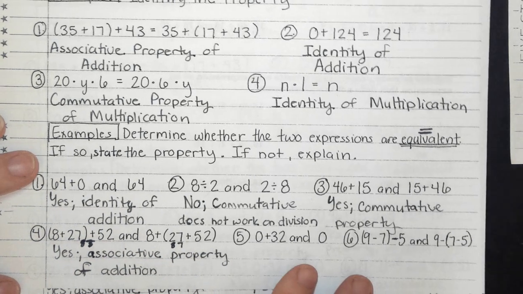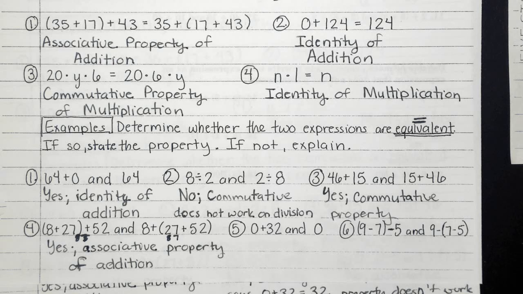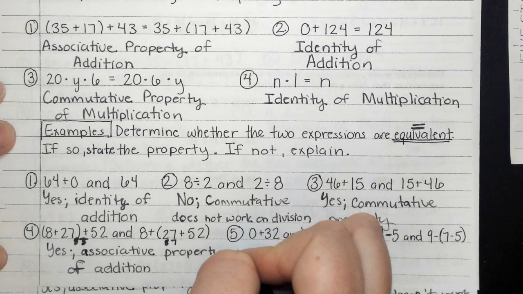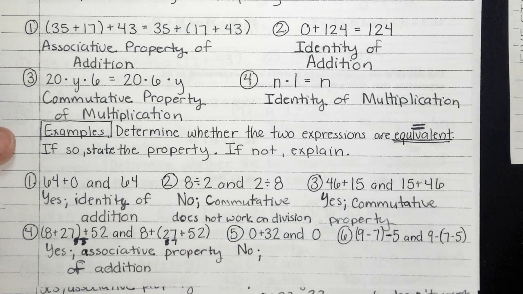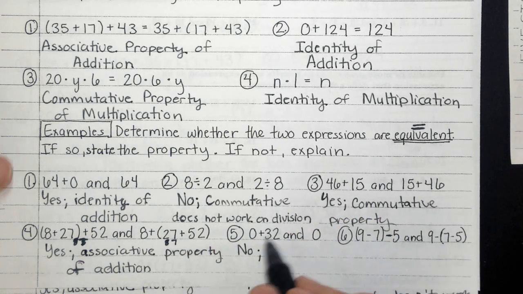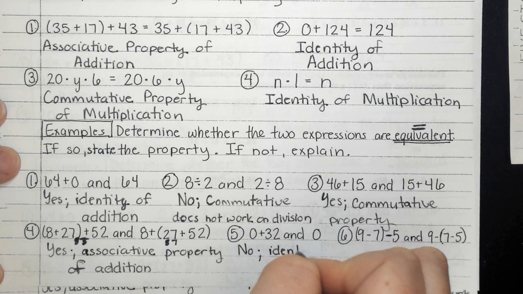All right. Number 5, 0 plus 32 and 0. Are these equal? Gabriella? No. What property were they trying to use? They were trying to use the identity of addition. But what should the identity of addition say? 32.